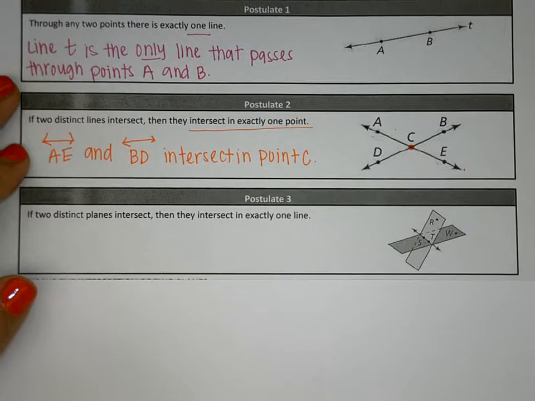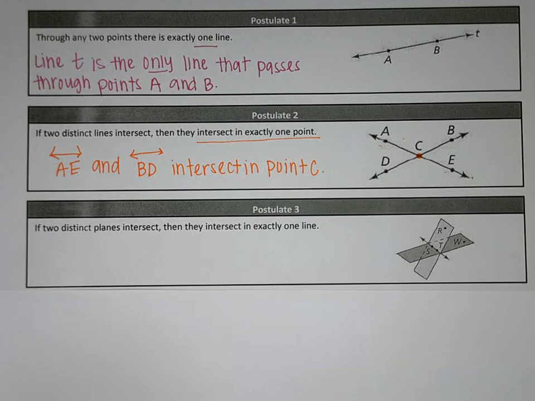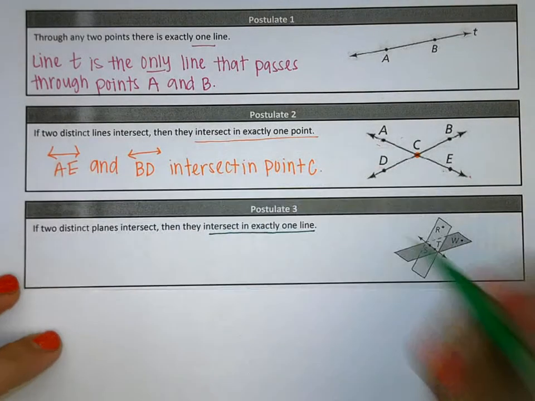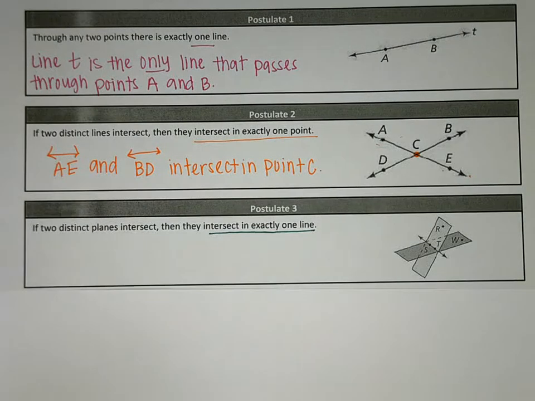If two lines intersect, they only intersect in one point, so it should make sense that if two planes intersect, they intersect in exactly one line. And I created this to show you that. Okay? So we have on this piece of paper that I punched a hole in, the blue plane and the yellow plane. And they intersect. What do you notice about where they intersect?